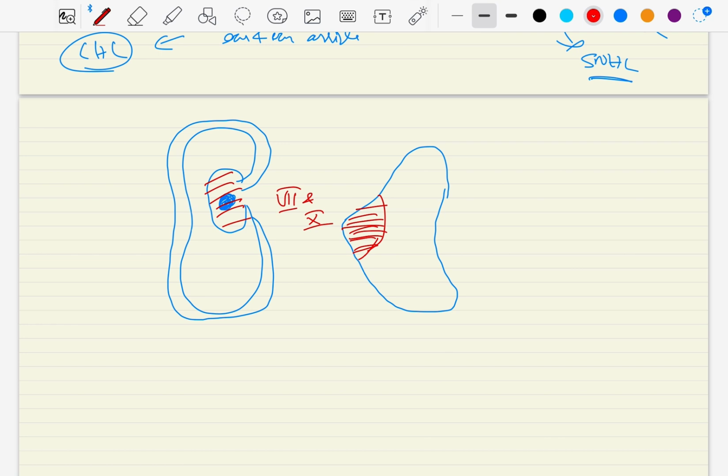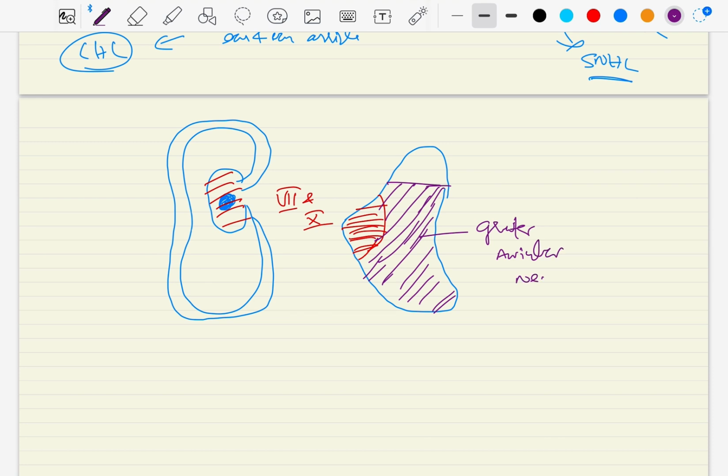Then on the back side, the major part of the ear is supplied by the greater auricular nerve. This small part is supplied by the lesser occipital nerve.